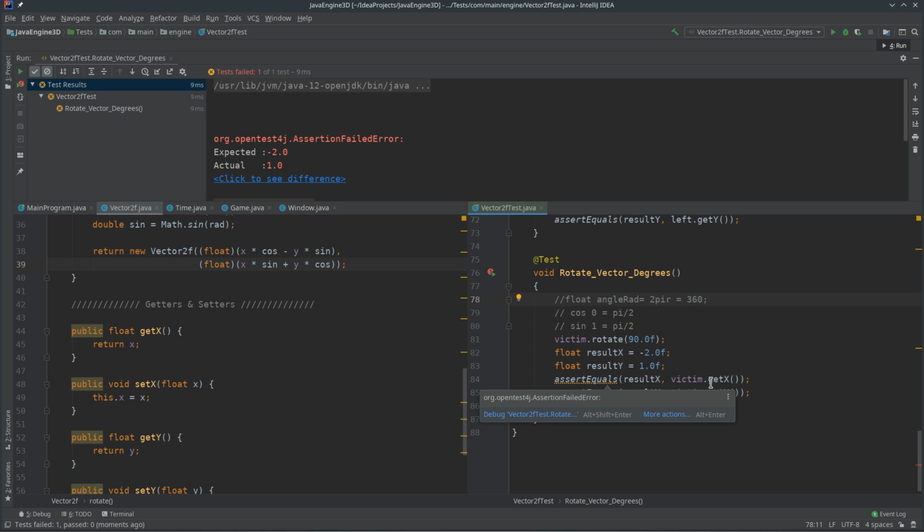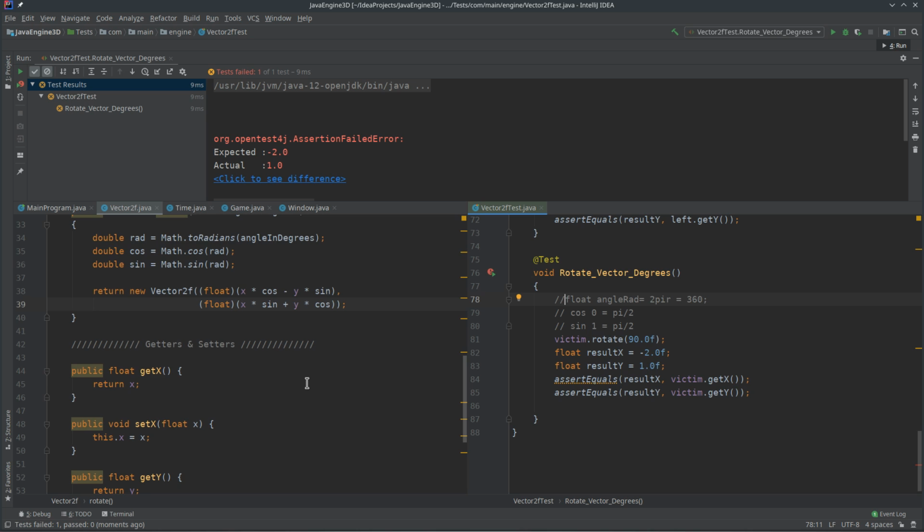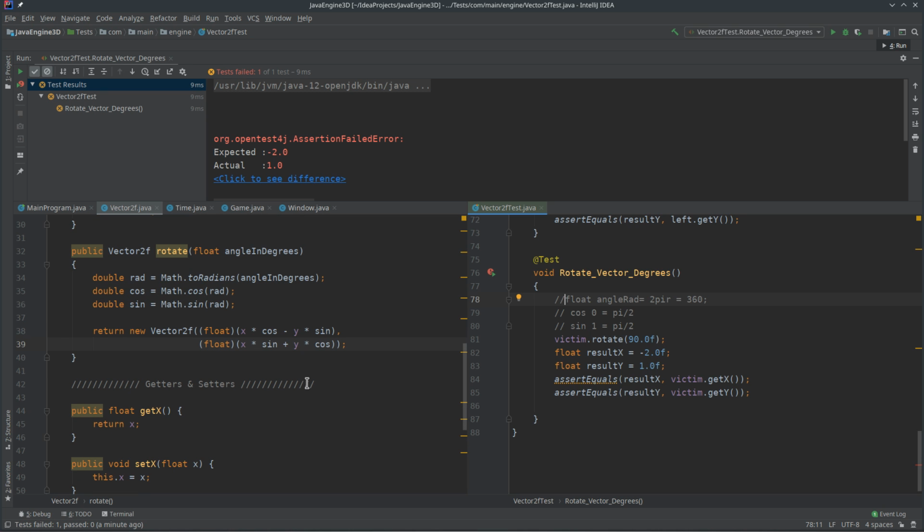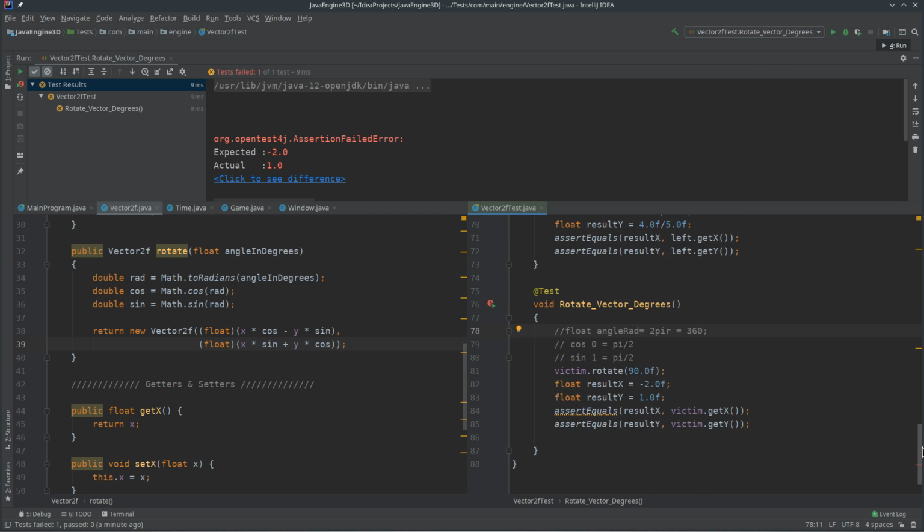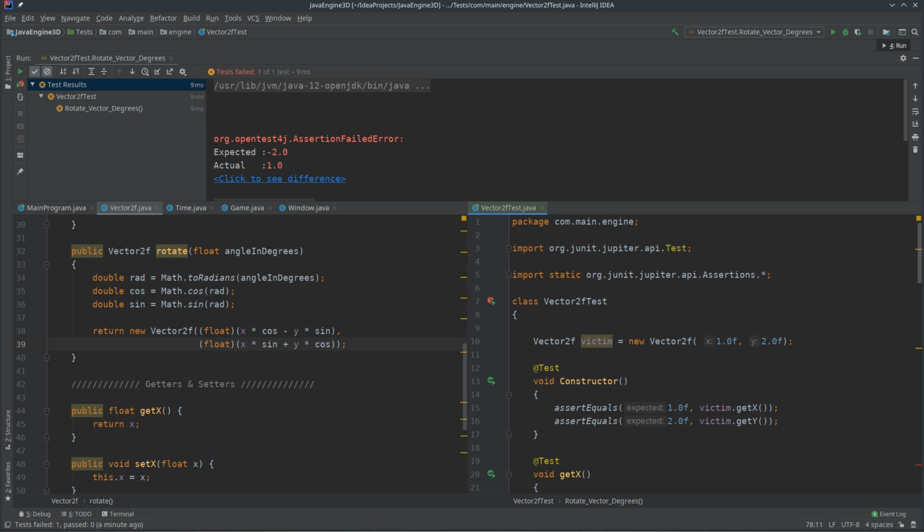Have I done this right? Have we gone the right way round? Or have I really messed up my code? X times cos minus y times sine. 1 and 2.